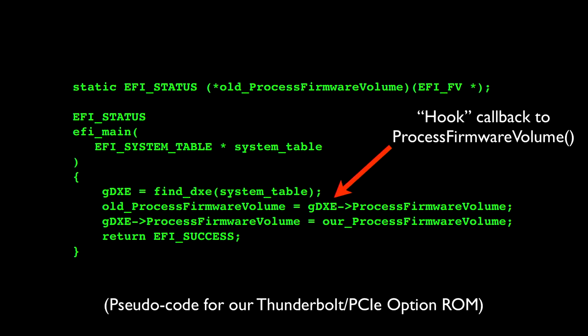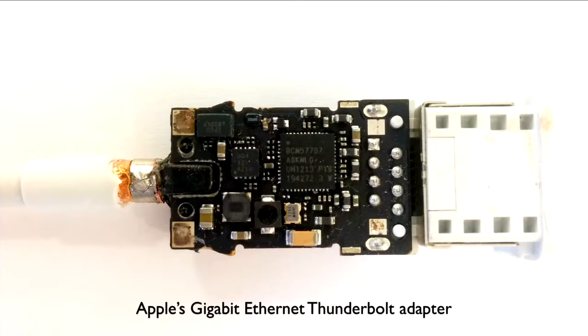If you have a sufficiently large option ROM, you just put your whole firmware exploit in there, and it's game over. However, the one that we're using, the gigabit Ethernet adapter, only has about 32K of space available, so we can't put a full 8 meg ROM image in there.